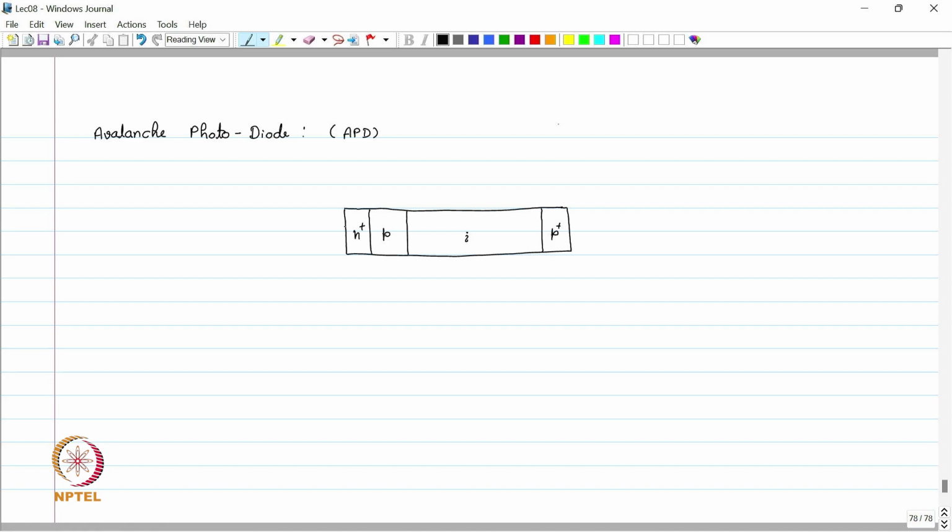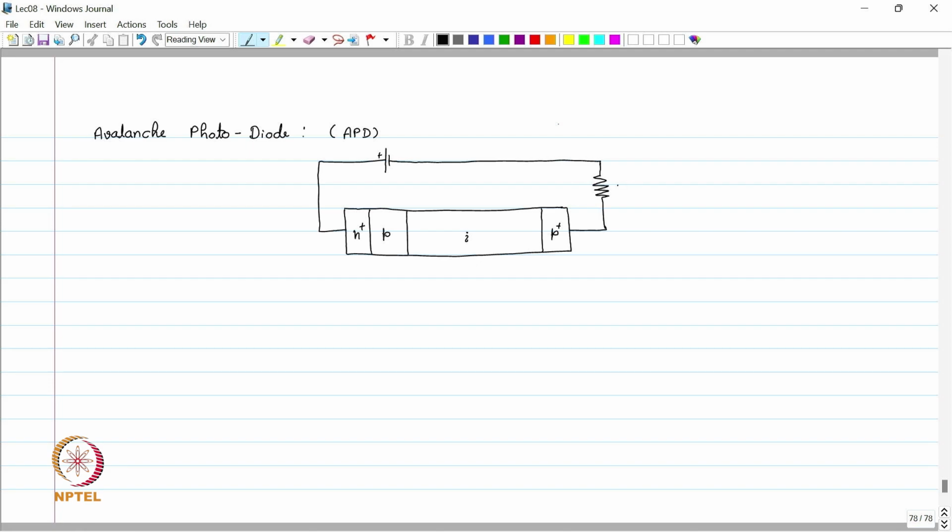And all these photodetectors are always biased in reverse bias mode. So we have an external voltage connected in reverse bias, meaning the positive terminal is connected to N plus and the negative terminal is connected to P plus through a load resistance across which we will measure the output voltage.